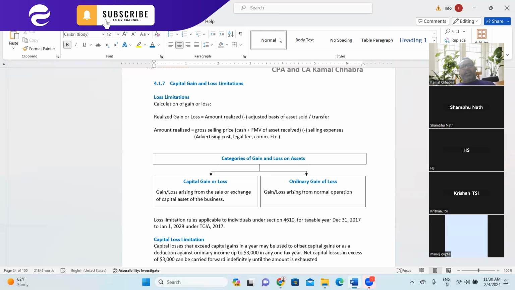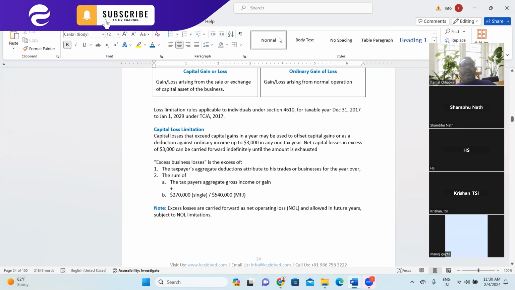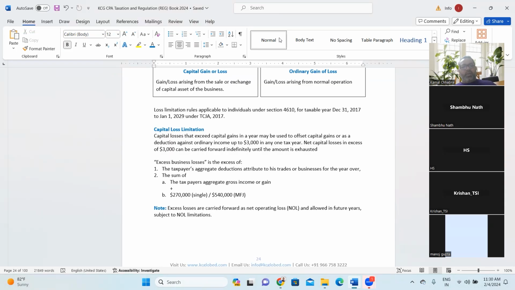Next, the table we have already covered yesterday. It is a kind of repetition: category of gain or loss, capital gain or loss, or ordinary gain or loss. But the important thing here is the capital loss limitation. The capital loss that exceeds the capital gain in a year may be used to offset capital gain or as a deduction against ordinary income up to $3,000.